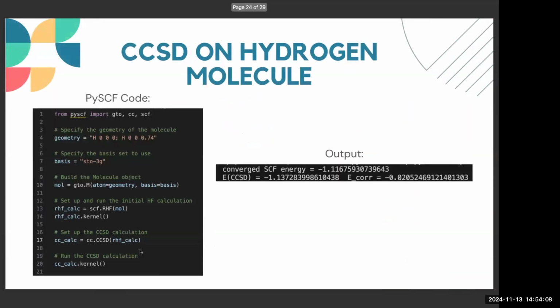This is an electron correlation between these two H molecules. Does it have any specific unit? Yeah, it's in Hartree.